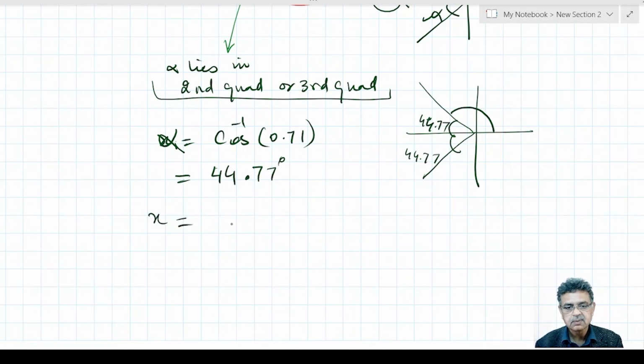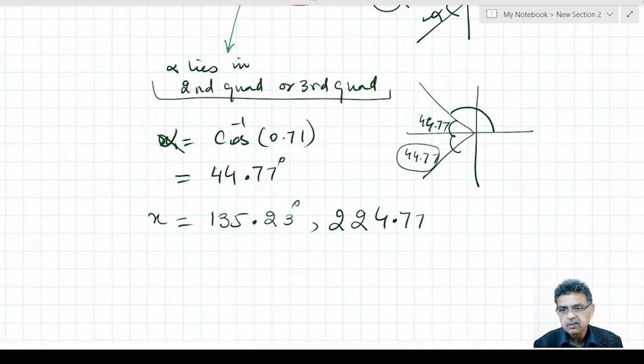So x is equal to 135.23 degrees. And the other angle will be 224.77. That is the value of this angle. That means from here till this line, these are two possible angles within that given domain.